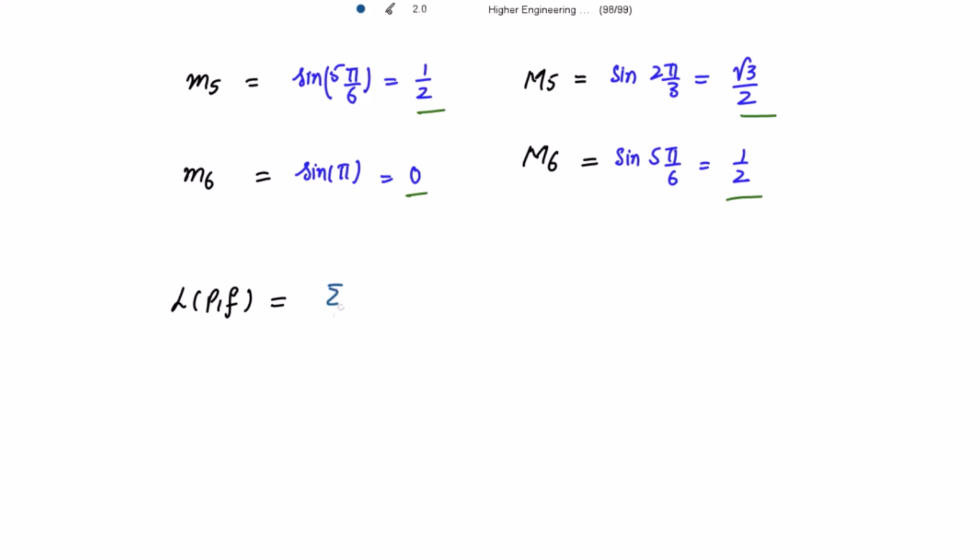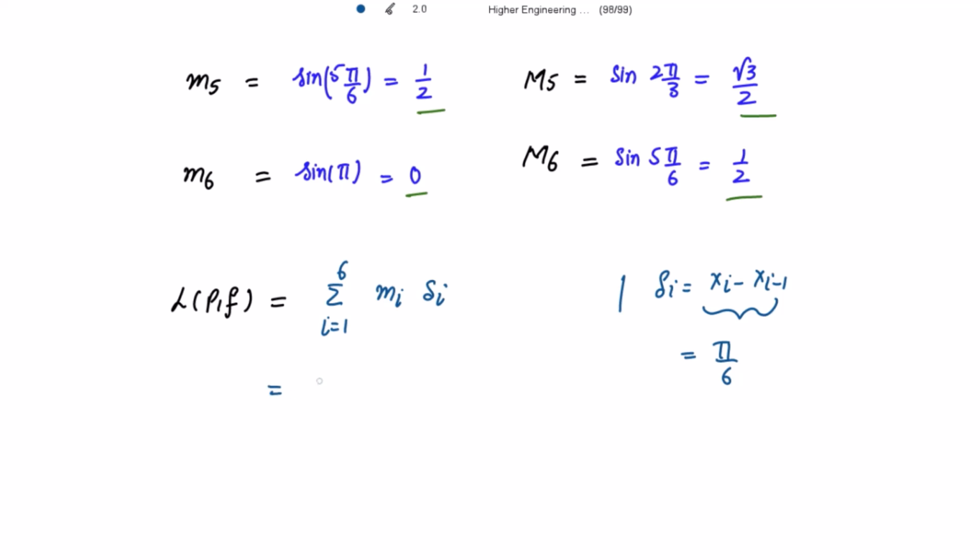So this is equal to the summation i going from 1 to n, where n is the number of subintervals, that is equal to 6, of small mi delta i, where delta i is xi minus xi minus 1. That is the length of each subinterval, which is equal to pi by 6.